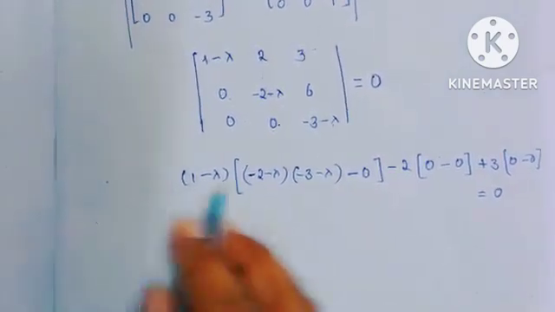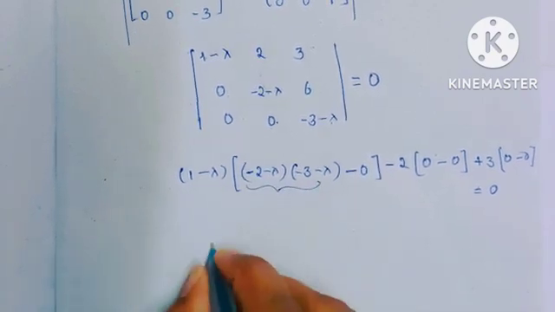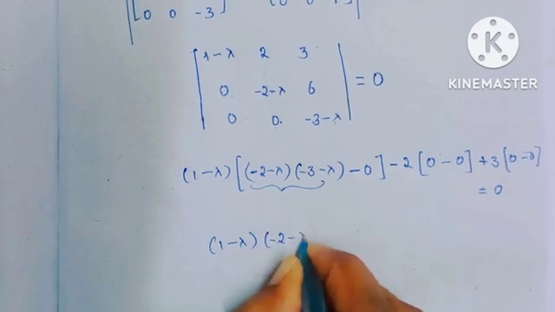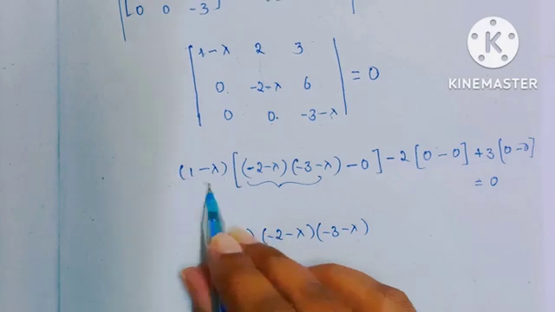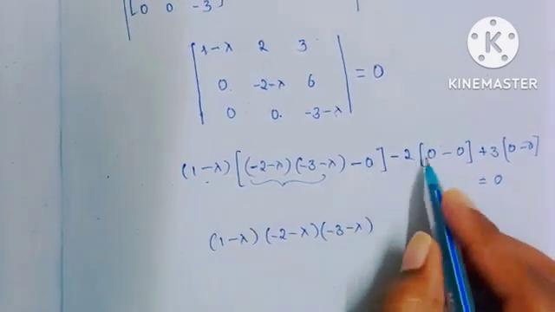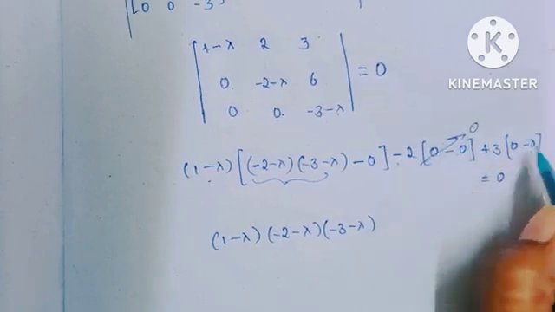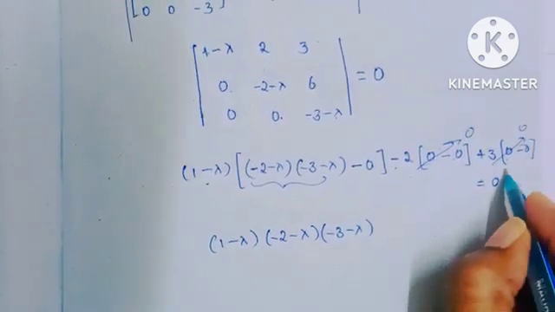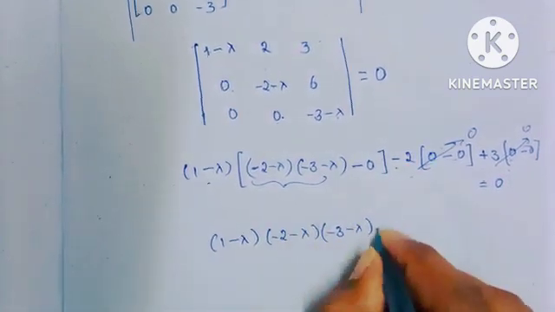If you calculate this, 1 minus lambda into (-2 minus lambda)(-3 minus lambda), and the other terms are 0 into something, so these terms get cancelled. Only this thing is remaining.